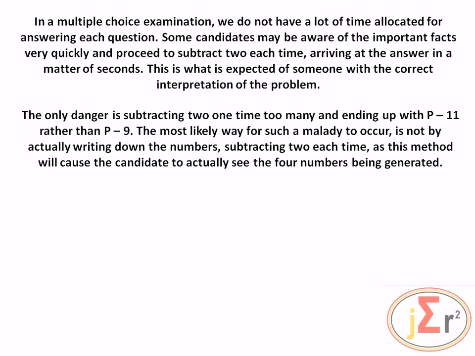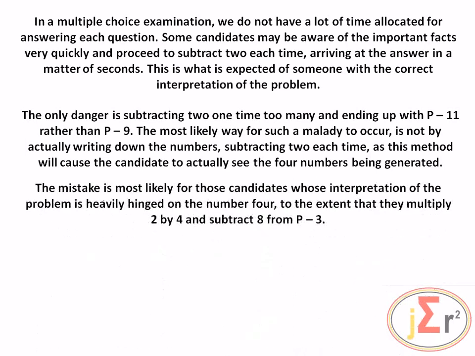The most likely way for such a malady to occur is not by actually writing down the numbers as we have just done, subtracting 2 each time, as this method will cause the candidate to actually see the 4 numbers being generated. So some candidates may want to subtract 2 one time too many and end up with p minus 11. And of course, the method that we have just used is one that is going to guard against such an occurrence.